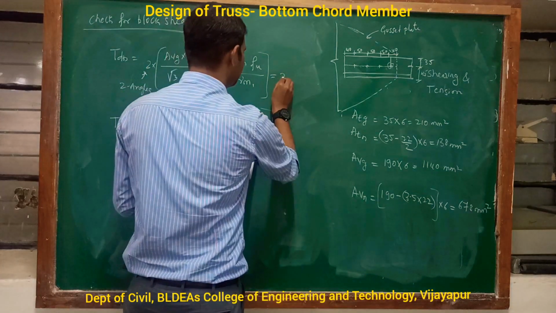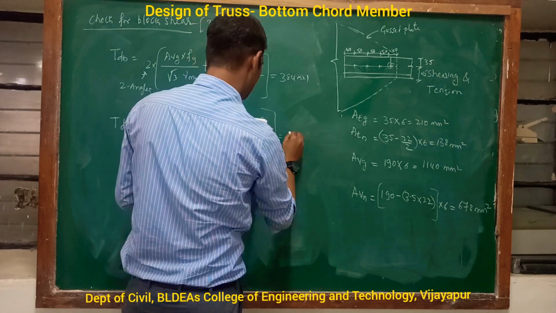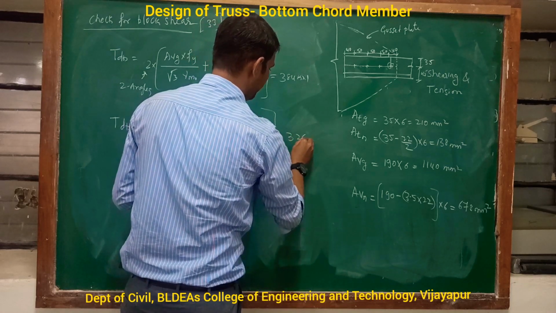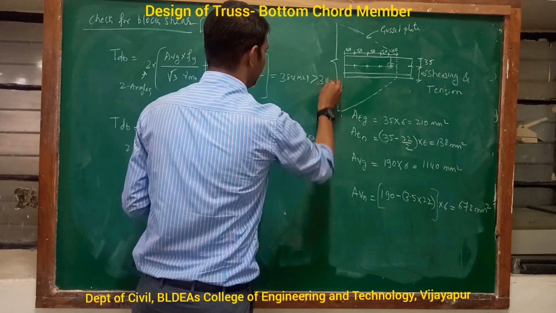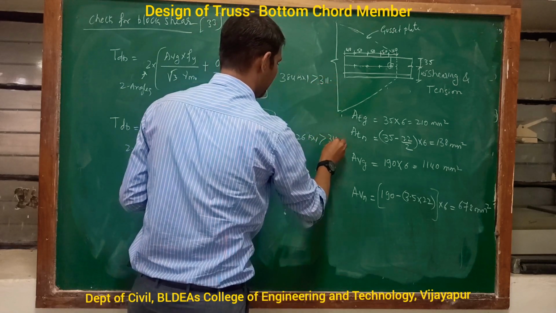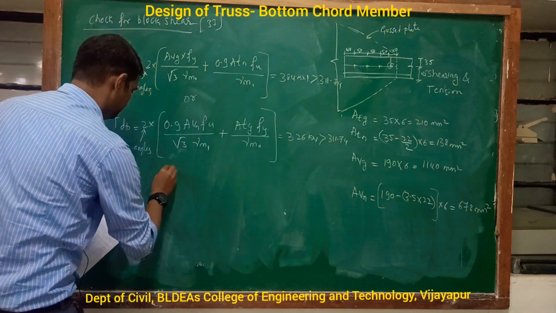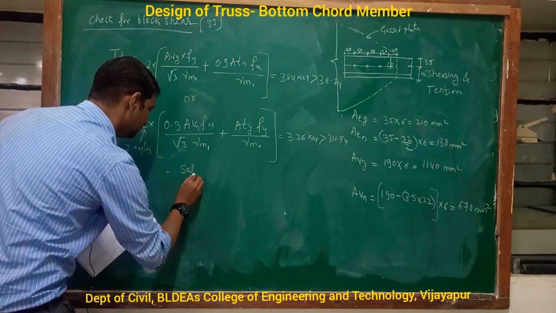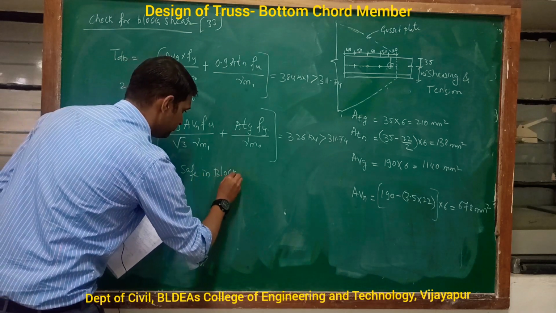So you will be getting it as 384 kilonewton, and the other one will be 326 kilonewton. Both are greater than 311.74. So therefore it is safe in block shear.